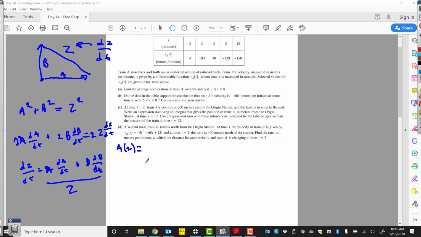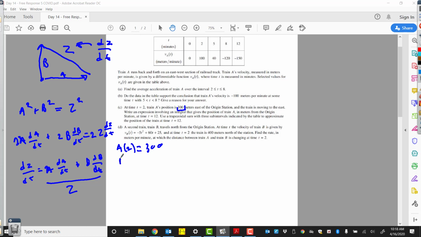We'll come back and see if maybe we're given something. We were given this right here. No, they didn't say that. Okay. Yeah, they want us to use this distance right here. They should have said that. This is a pretty poorly worded one on their part. So this, A of 2 at time t equals 2, the position is 300.